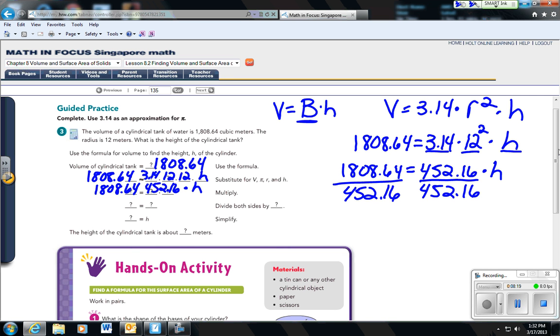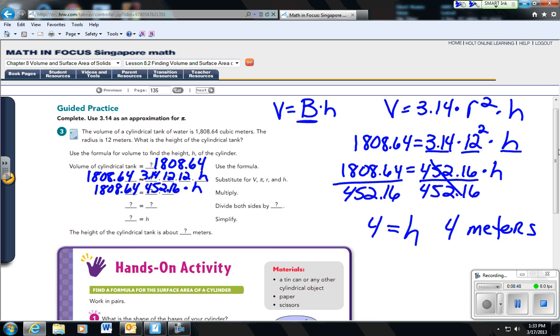So just use your calculator to do that work. 1,808.64 divided by 452.16, and we get 4 equals, these cancel, number divided by itself is 1, and 1 times h is h. So we get, for a height, we get 4, and we label that 4 meters.